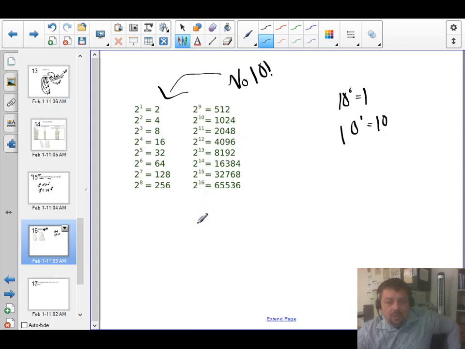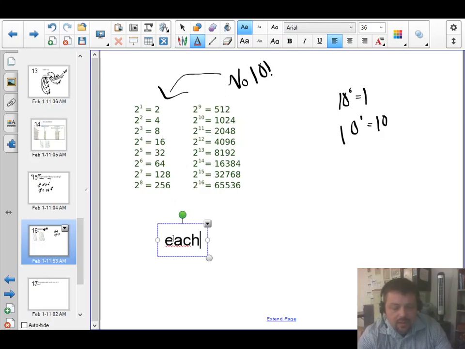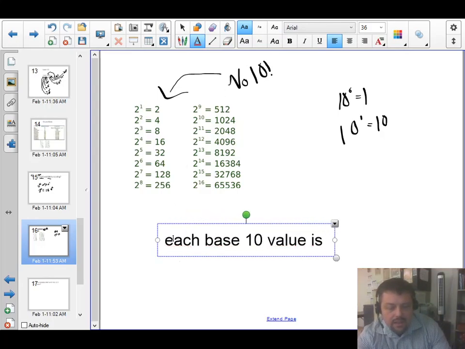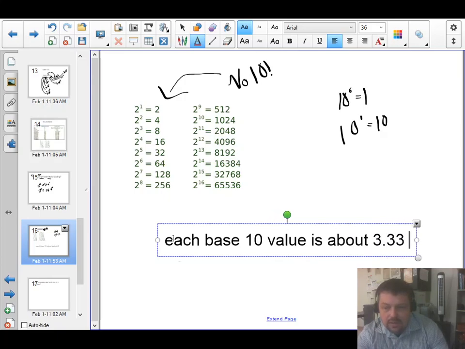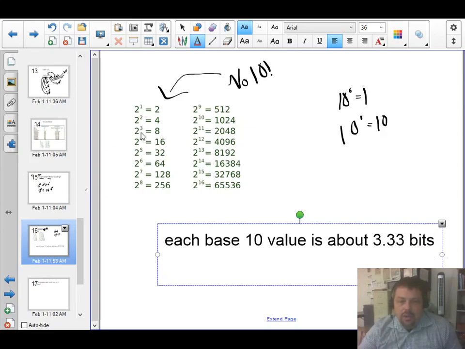Each decimal digit in base 10 is about 3 1/3 binary bits. So it's not an exact number. It's bigger than 3 and less than 4. Winds up being about 3 1/3. And so this is an inexact transfer.